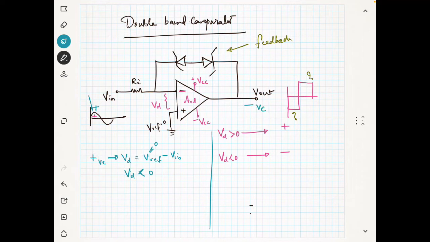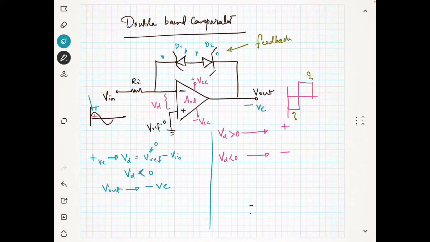Since the output is a negative voltage, you know that this is p-type semiconductor and this is n-type, and for the diode this is the anode and this is the cathode. Let's say this is diode 1 and this is diode 2. Now V out moves to a high negative voltage.